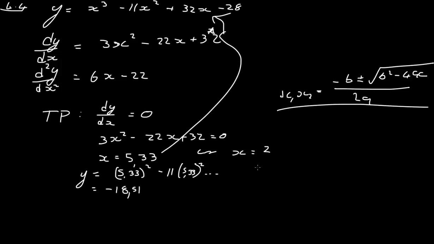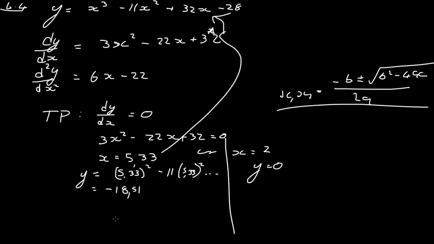If we substitute x equals 2 in, we get 2 cubed minus 11 times 2 squared plus 32 times 2 minus 28, which is 0. So here we get y equals 0.